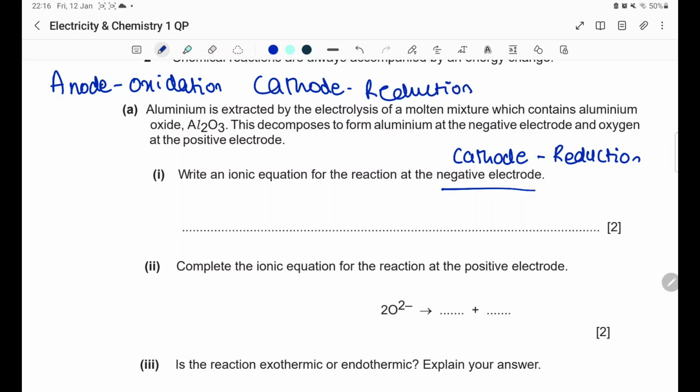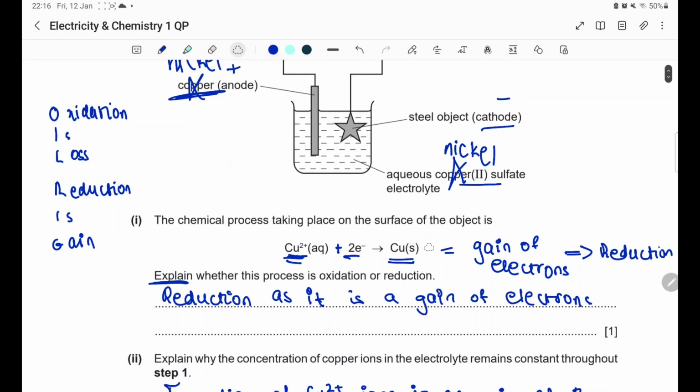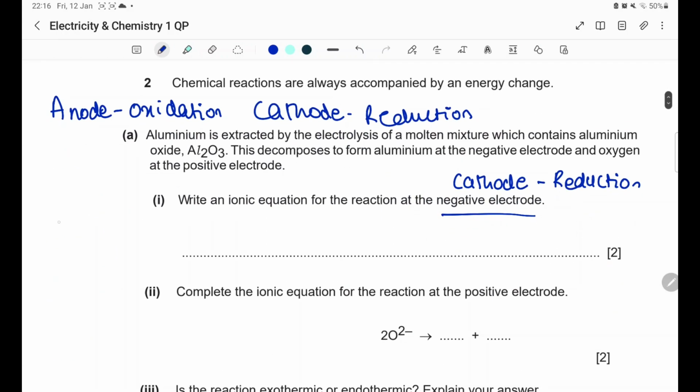Okay, so we know that if this is reduction, then there is a gain of electrons. Let's take this as an example, so we can compare and contrast: Cu2+ + 2e- gives Cu.